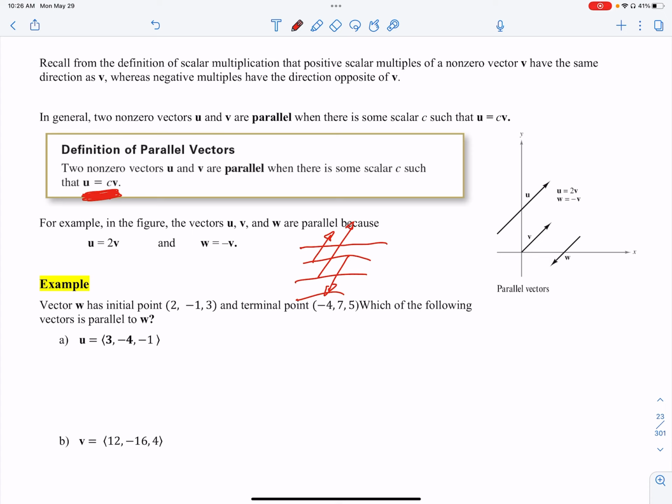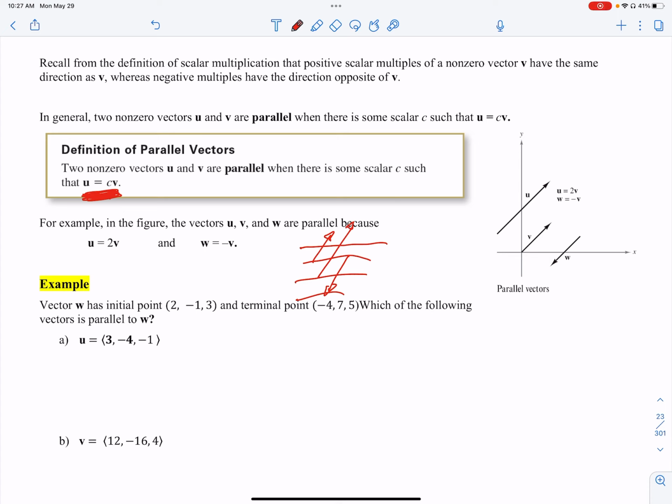The only thing that changes is the length when I multiply by a number. So that's why we have this definition, because if I just multiply by a number, it changes the length of my vector, but it doesn't change the direction it runs in. So we have to be able to find something that multiplies to get to the other.